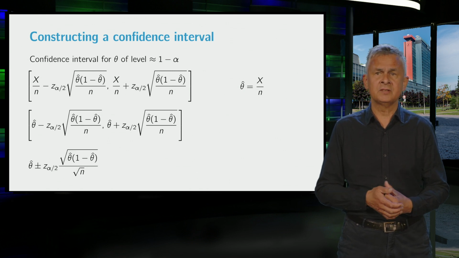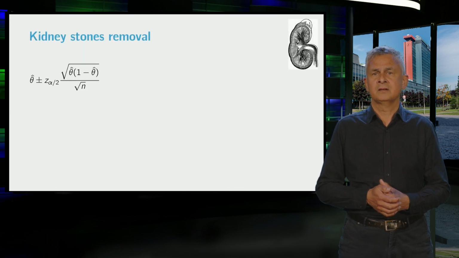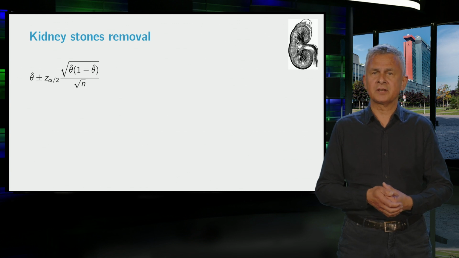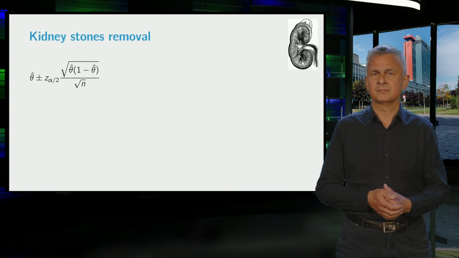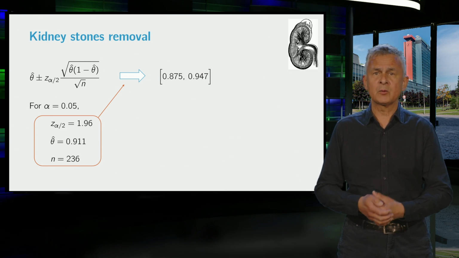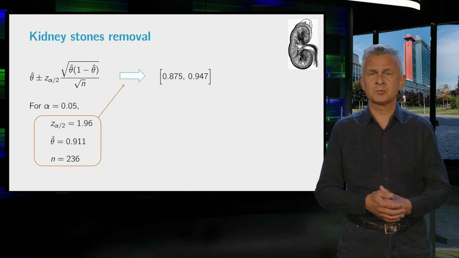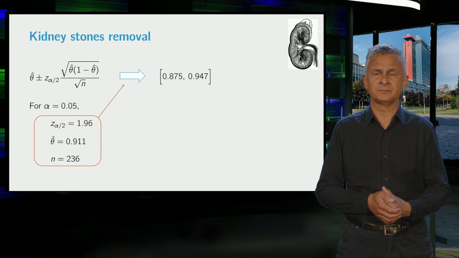And for this reason, the interval is sometimes briefly denoted as follows. Now, let us see how this works out for the kidney stones example. With alpha equal to 5%, we find the following confidence interval for the probability of a successful laser treatment with confidence level approximately equal to 95%.